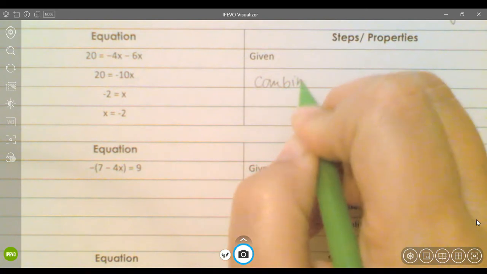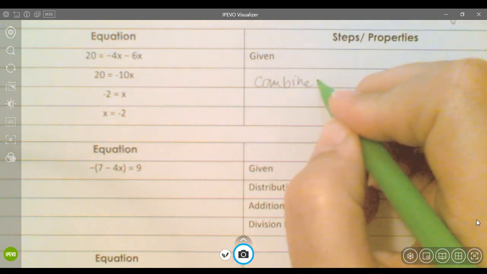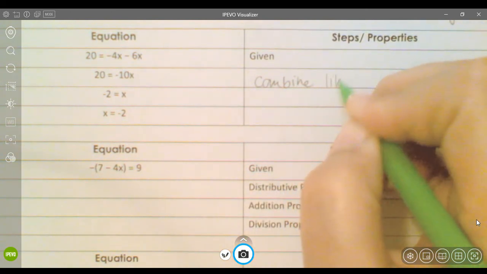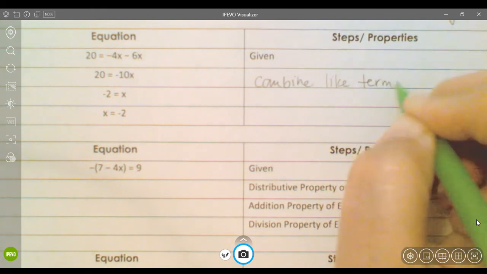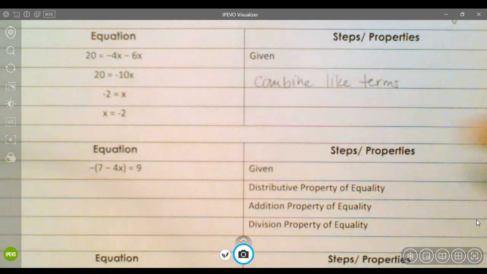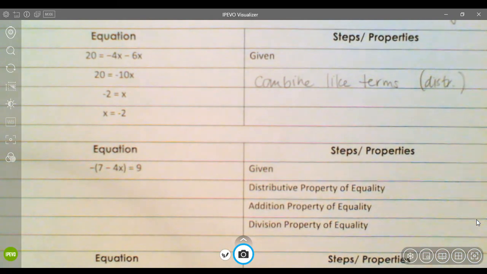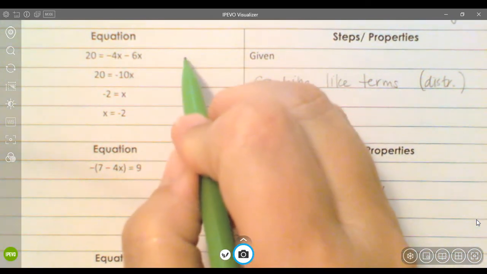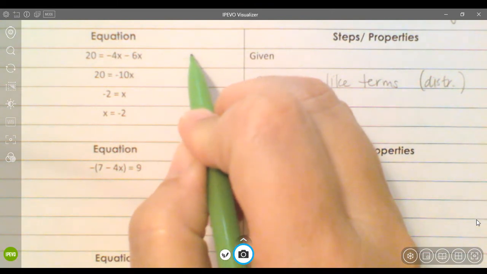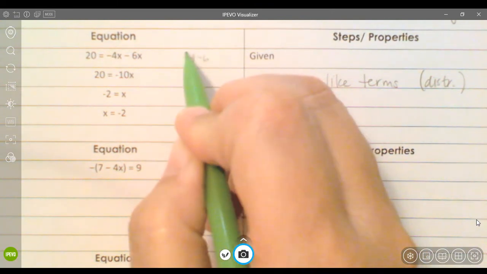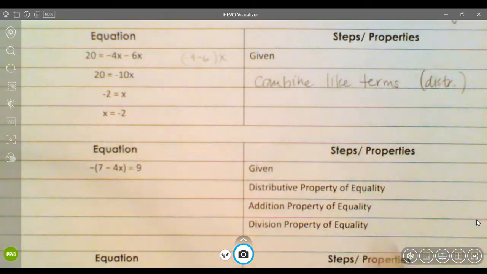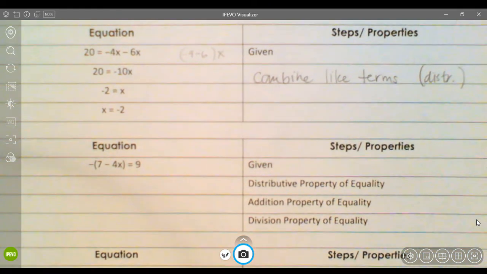I like to write the distributive property, but what we actually did was combine like terms, which, by the way, is the distributive property. Because this is really negative 4 minus 6, times x. Okay, so just keep that in mind. All right.